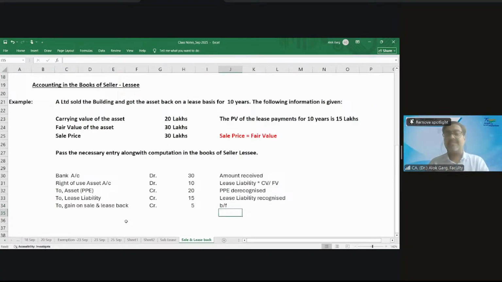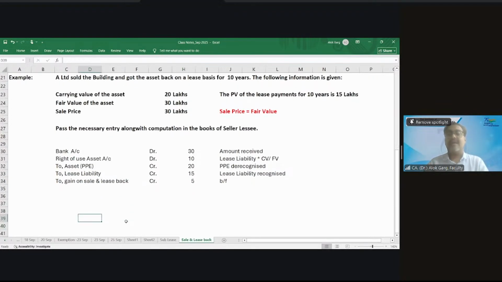Technically speaking, this is a profit on the sale of right for 5 years, assuming the building life is, let's say, 15 years. So this 5 lakh is the profit on the sale of right beyond 10 years. Okay, so this is the accounting entry. This is the accounting which has to happen in the books of the seller lessee.